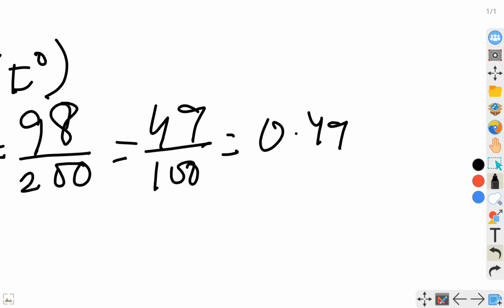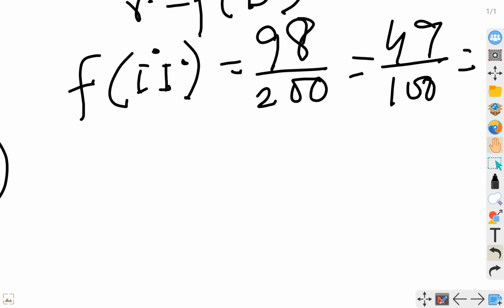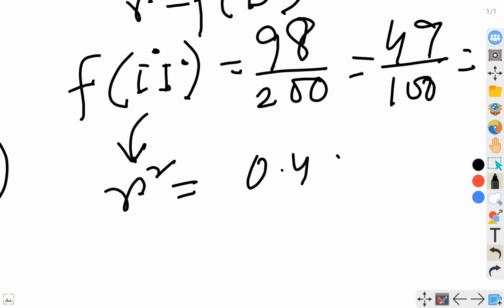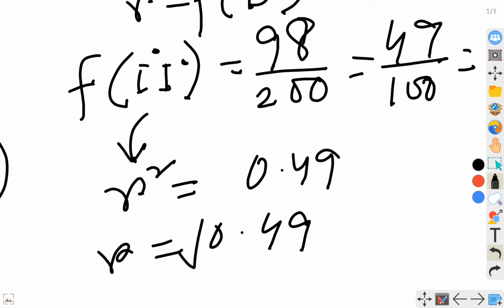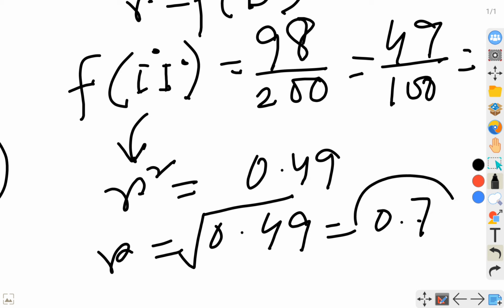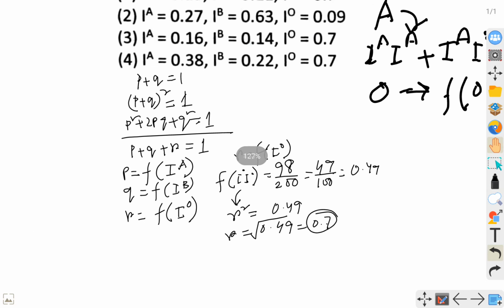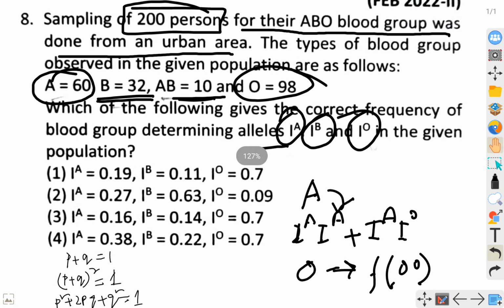So we have got the genotypic frequency of IO. We can summarize as R square is equal to 0.49. So R is equal to root over 0.49, which is equal to 0.7. So we have got the value of R, that means the allelic frequency of IO.